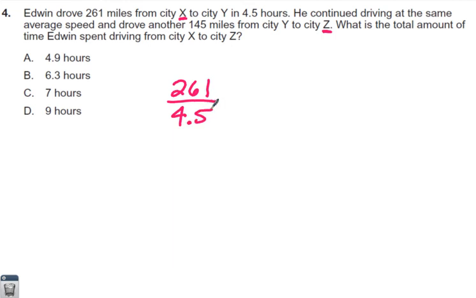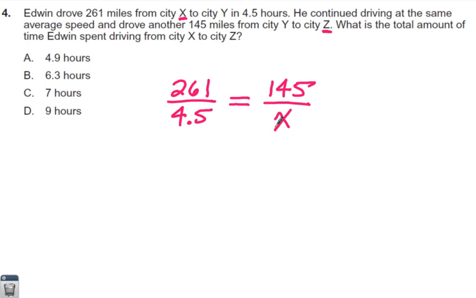A speed is like a slope, which is a fraction. If he went 261 miles in 4.5 hours, we need to figure out 145 miles was how many hours.